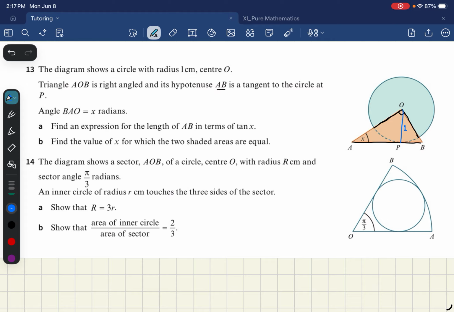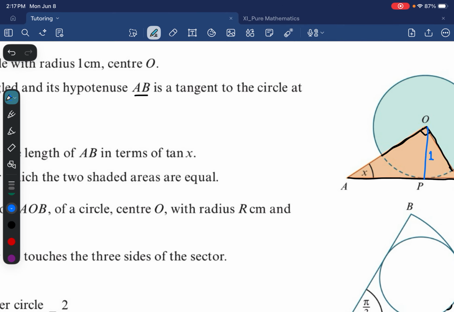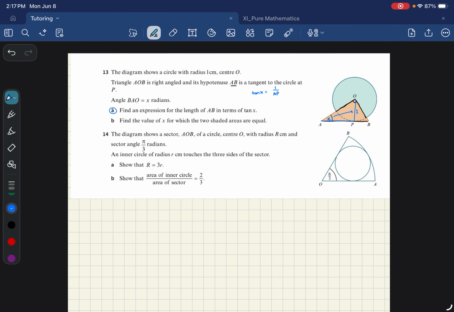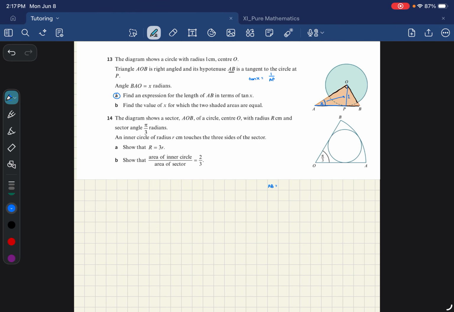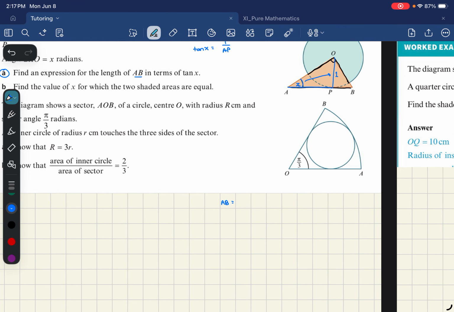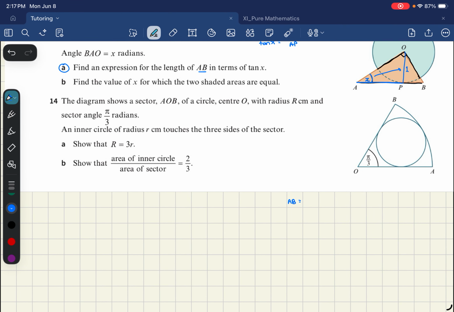So now, part A says find an expression for the length of AB in terms of tan of x. Well, let's just find tan of x first. Tangent of x of this angle x, is opposite, which is 1, over adjacent, which is AP. So if you think about it, because it says find AB in terms of x, AB is this AP plus PB.